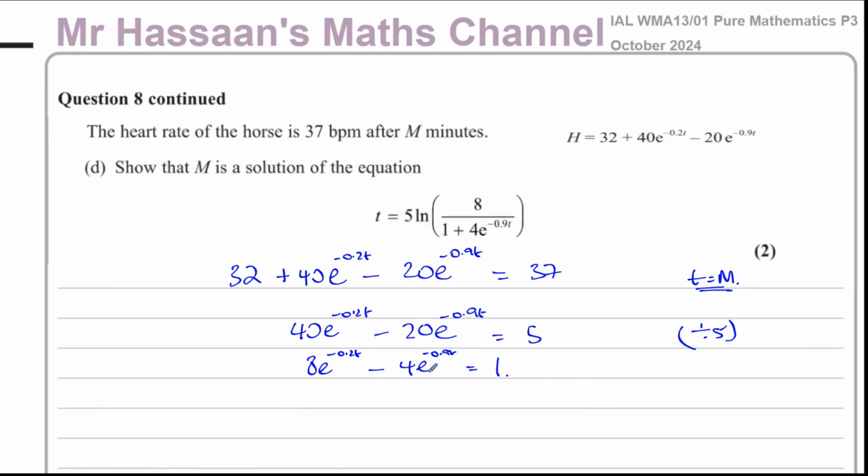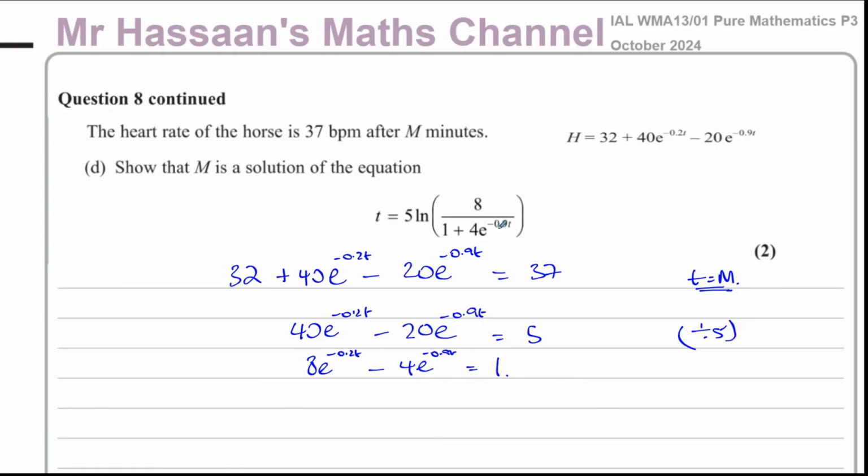I have to show that t is a solution to this equation here. So I don't have to solve this; I have to just show that t equals this. So basically one of these t's has been made the subject of the formula.